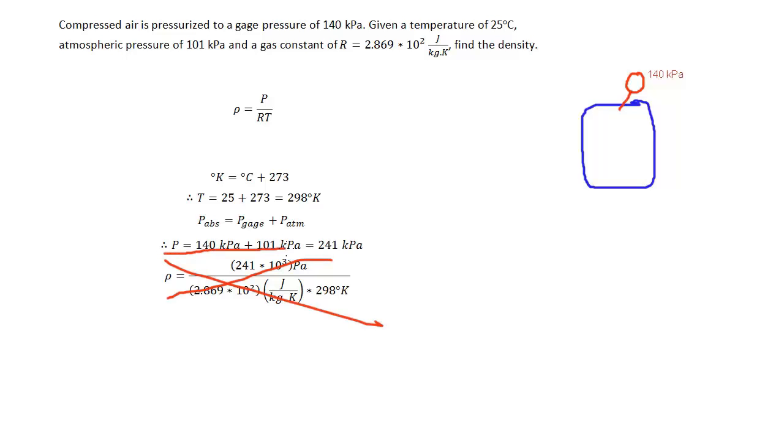But we can then simply say that the pressure we're dealing with is our gauge pressure, as read here, plus atmospheric pressure, which, even if that wasn't stated, you can assume the standard atmospheric pressure is always around that 101 kilopascals. But it was stated, so we'll add these up and we'll say that pressure is equal to 140 kilopascals plus 101 kilopascals, so given 241 here.